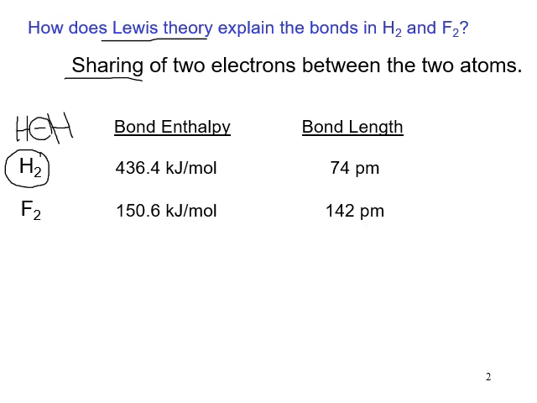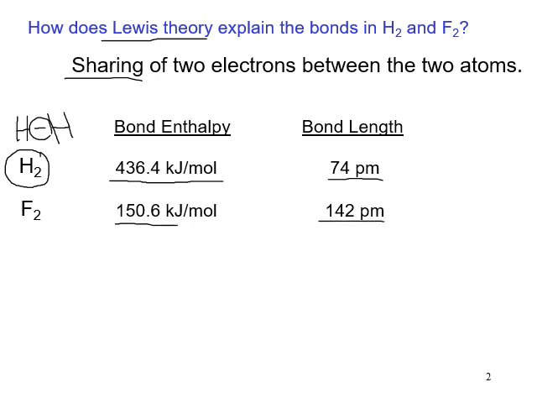Now, the bond enthalpies, if you remember from chapter 9 and just enthalpy from chapter 6, enthalpy is an energy exchange. And there's an enthalpy for the hydrogen-hydrogen bond that has a value of 436 kilojoules per mole. And it has a certain bond length associated with it. Fluorine has a lower bond enthalpy and a longer bond.